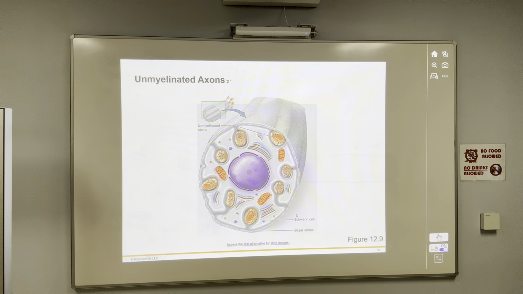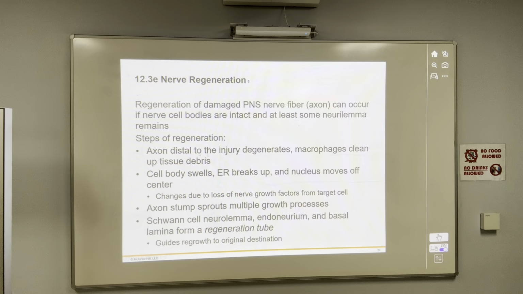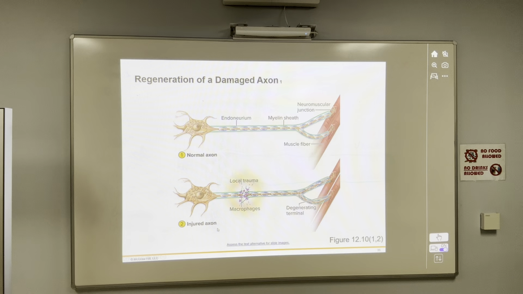So there we go. You see the Schwann cell, and these are the unmyelinated axons. When we look at nerve regeneration, regeneration of damaged peripheral nervous system nerve fibers can occur if the nerve cell bodies are intact and at least some neurolemma remains. The Schwann cell, known as the neurolemma, and the endoneurium and the basal lamina form a regeneration tube.